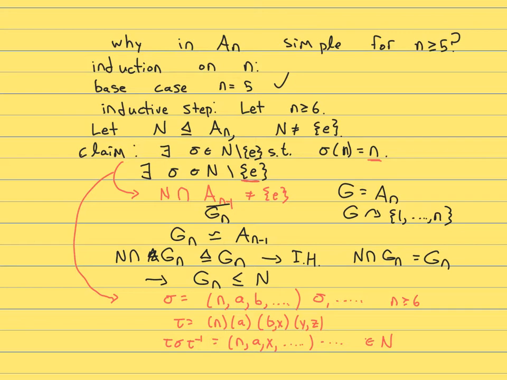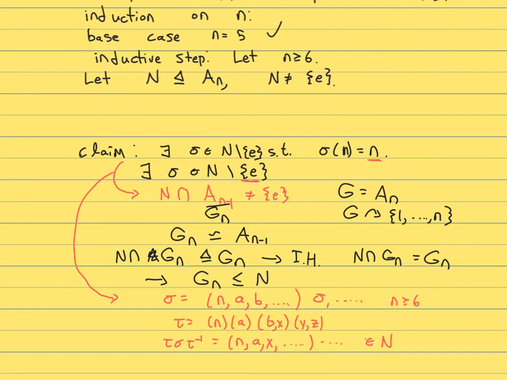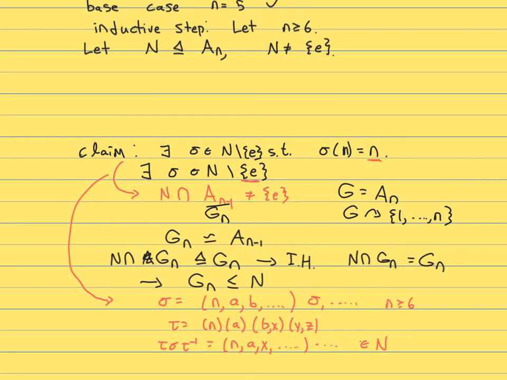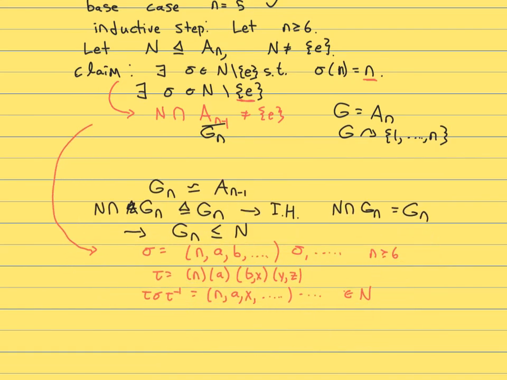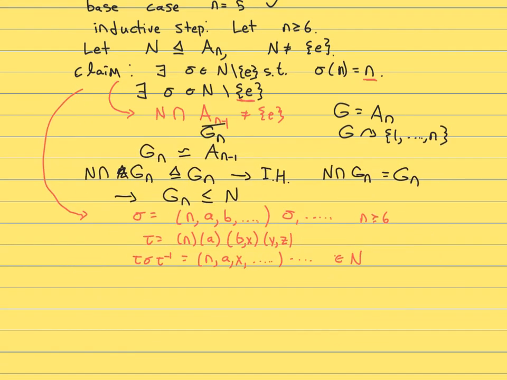And so I can also invert it and multiply it by sigma. So now let's look at the calculation sigma inverse times tau sigma tau inverse. n goes to a, goes back to n.